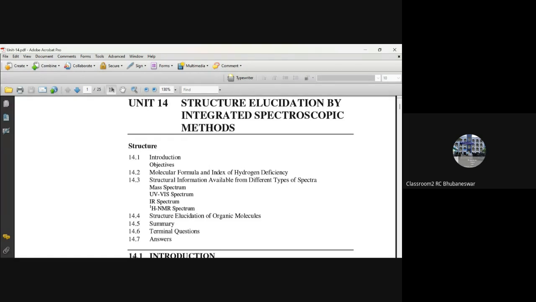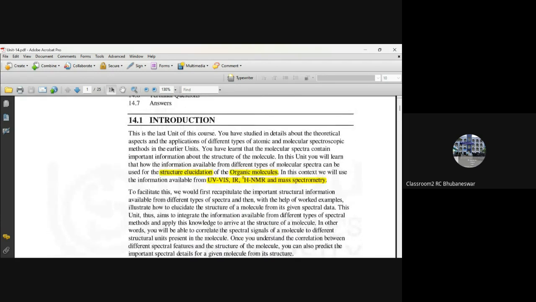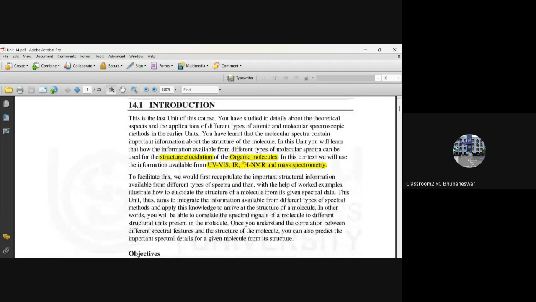Then we'll move on to structural elucidation by various spectroscopic methods. This is actually a very important unit. If you see your organic questions in NET or GATE or any exams where you are dealing with organic molecules, you will find this kind of questions.